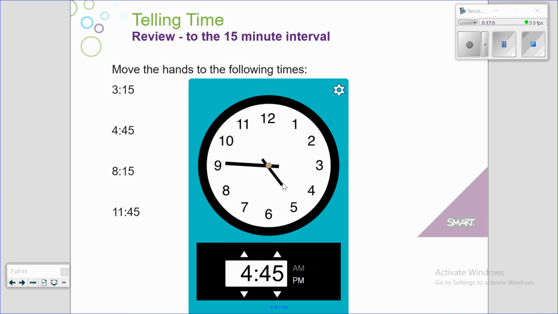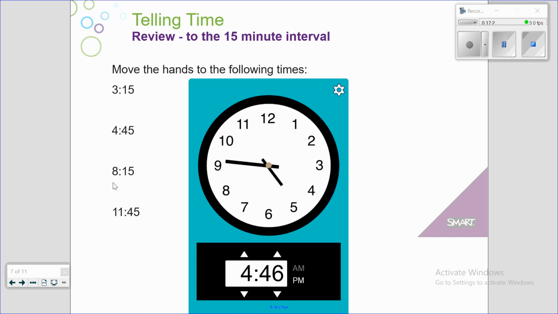When I'm reading the analog clock, I don't say 4:45. If I'm reading with past or to, I say it's a quarter to 5, the next hour. But with the digital clock, I have to say it's 4:45 as I write it. Okay?